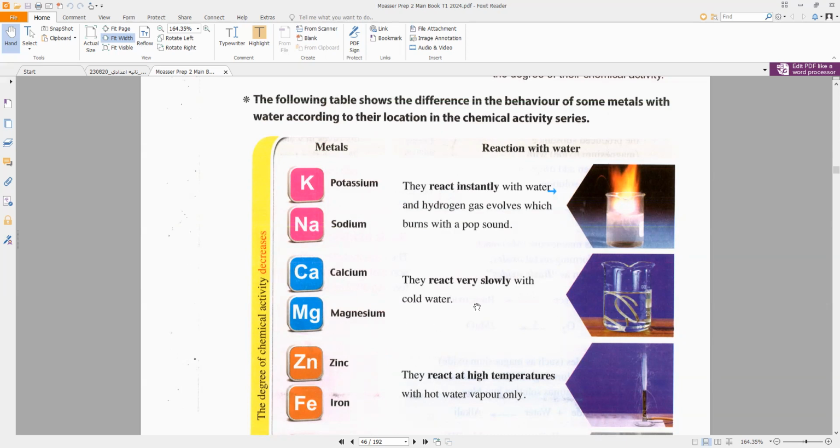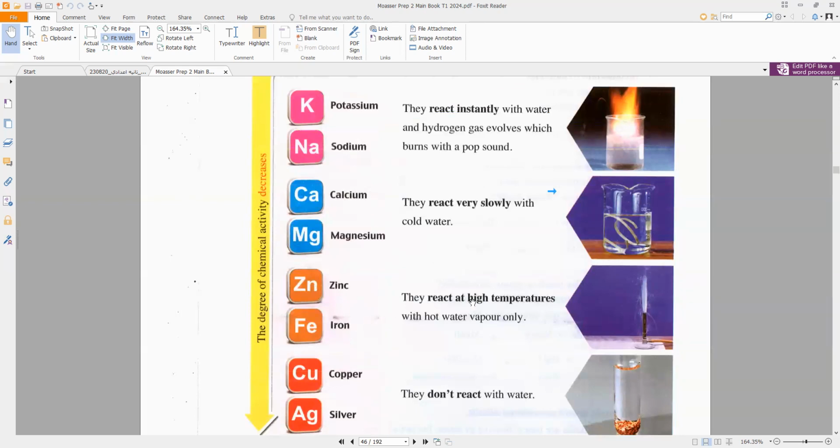Calcium and magnesium react slowly with cold water. Zinc and iron react with oxygen or water vapor only at high temperature. So iron and zinc don't react at low temperature.